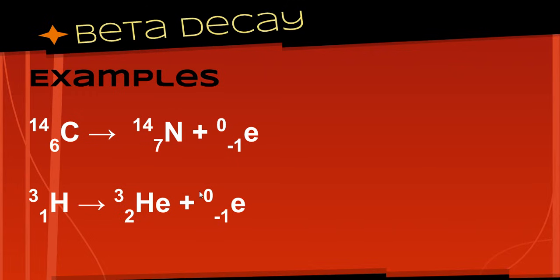Here's, once again, our beta particle, no mass, just a change in the number of protons. So if we take 2 plus -1, we'd get 1, which equals the 1 over here. 3 equals 3 plus 0 over here. So all of our numbers add up and make sense. So that is beta decay.